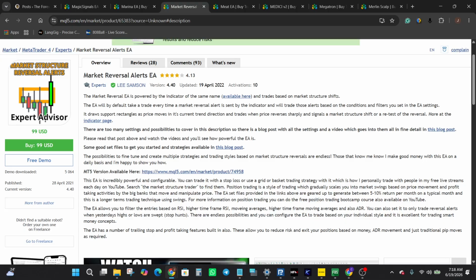Now, another area that stands out is the level of customization available. The developer mentions that there are extensive settings and multiple ways to configure the EA.